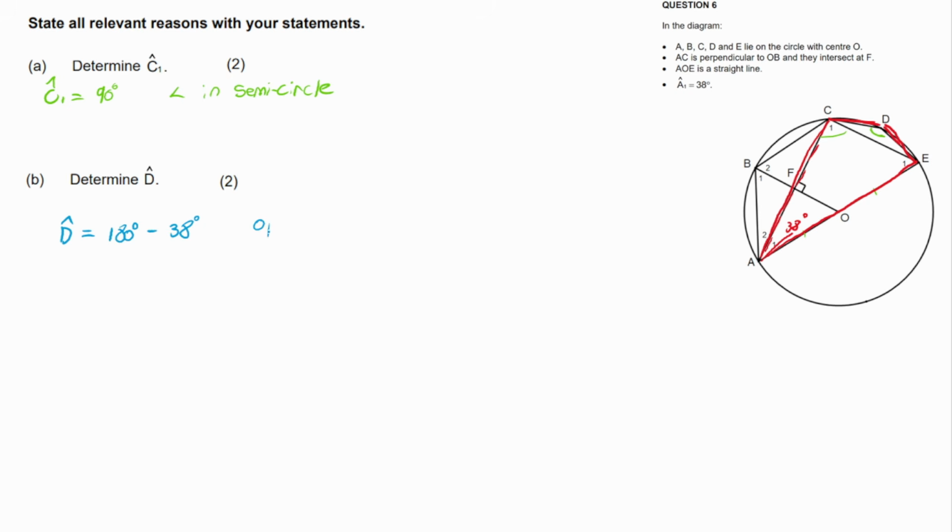And the reason is opposite angles of a cyclic quad are supplementary. So if we solve for that, we'll get that D is equal to 142 degrees.